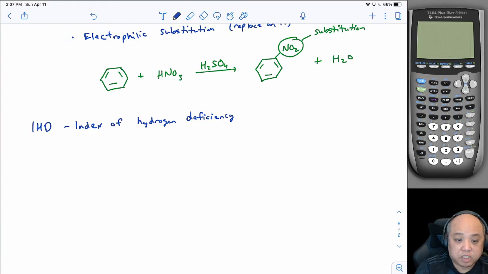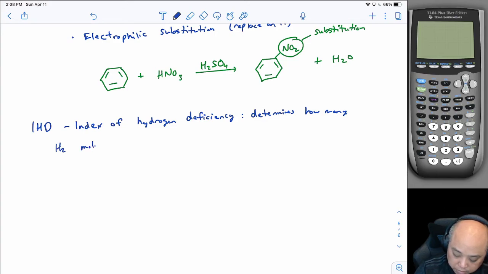The index of hydrogen deficiency determines how many H2 molecules are needed to create a straight chain alkane.